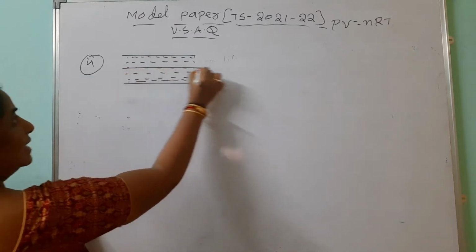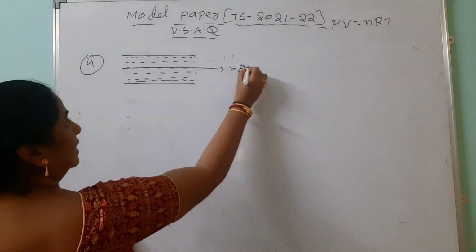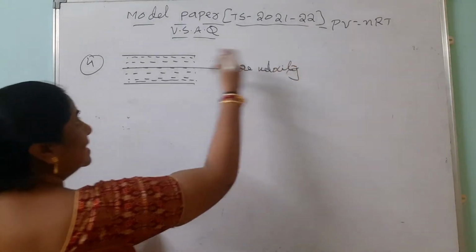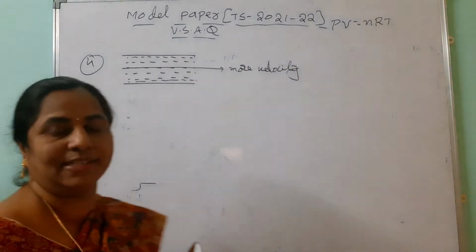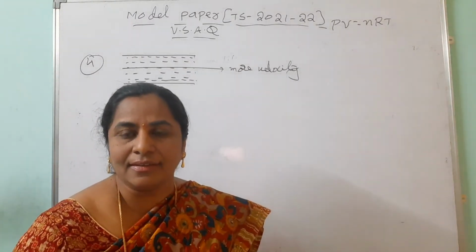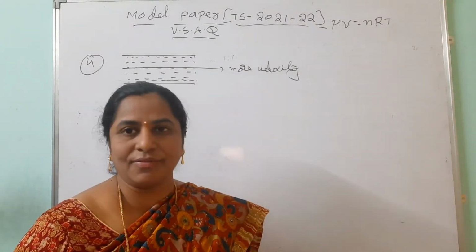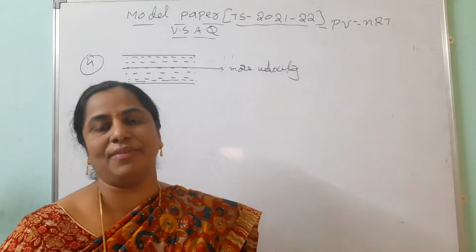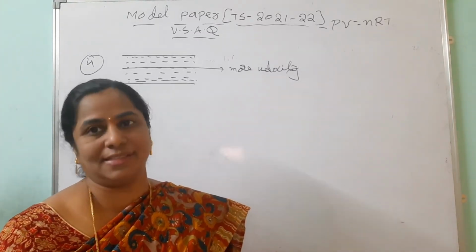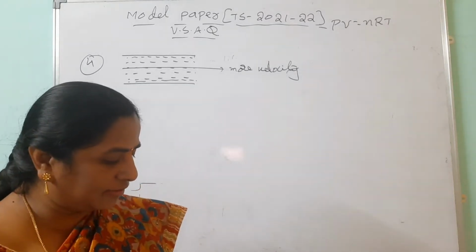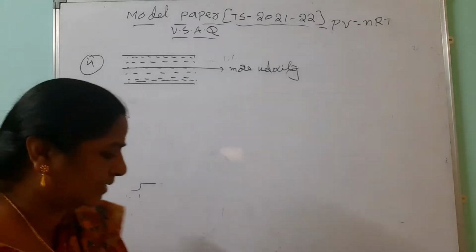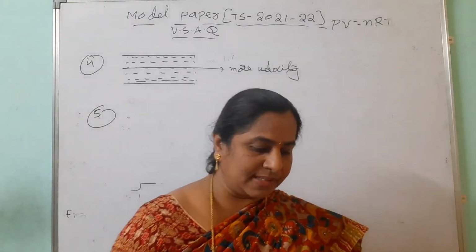That's why the middle layer, or central layer, is having more velocity. The layers which are in contact with the surface have less velocity. The layers which are not in contact with the surfaces have more velocity. Because of what? Viscosity.